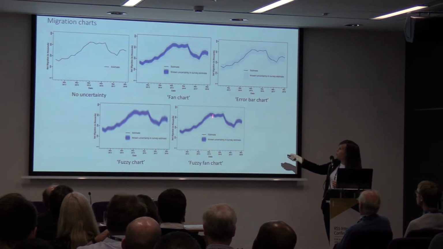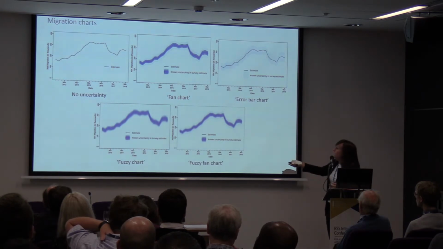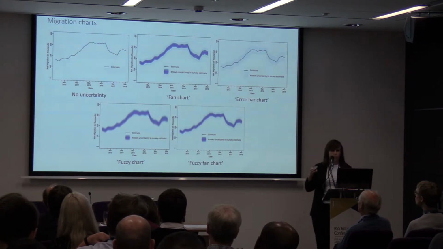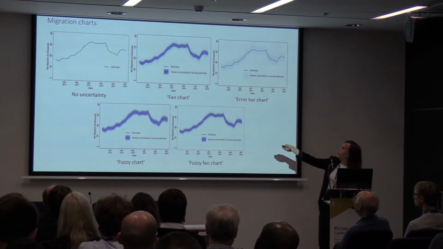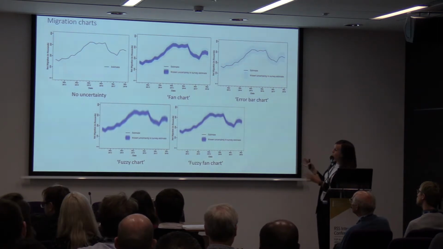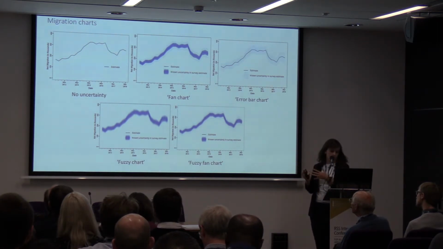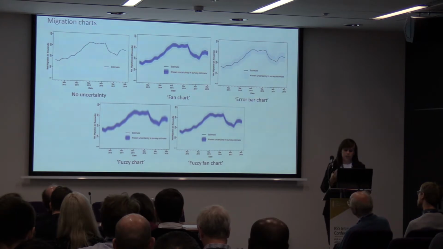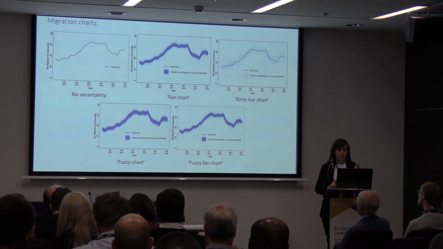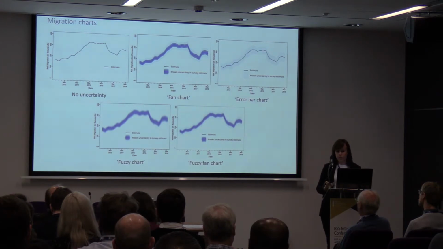So they're pretty much the same, just with fuzziness. And then this is the probability density distribution around the best estimate. So these are the different types that we've got. And as I said, there were 1,000 people, and each of them was given one of these. And then they asked them various questions about it.